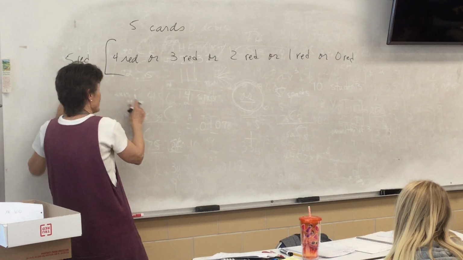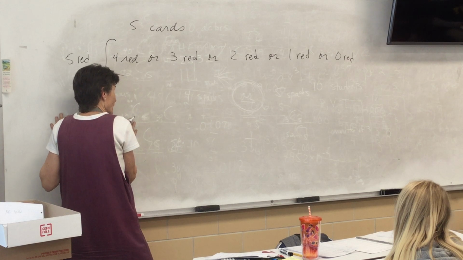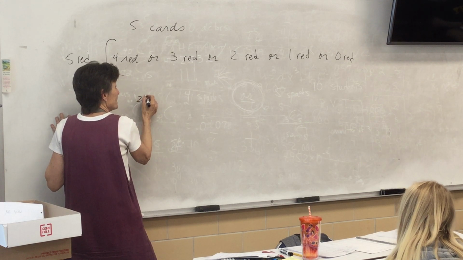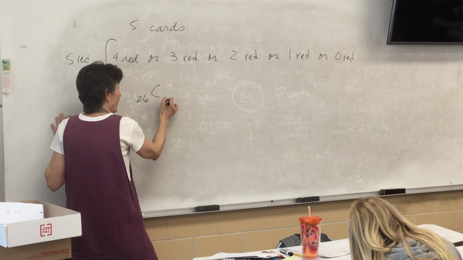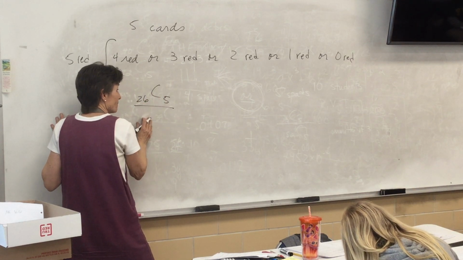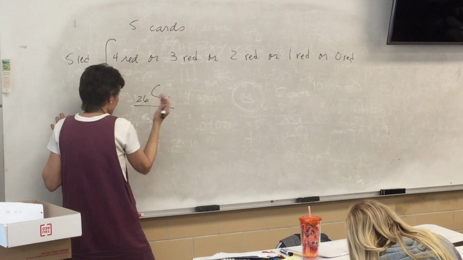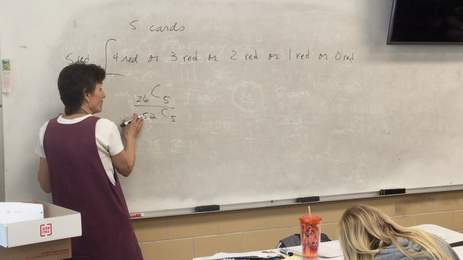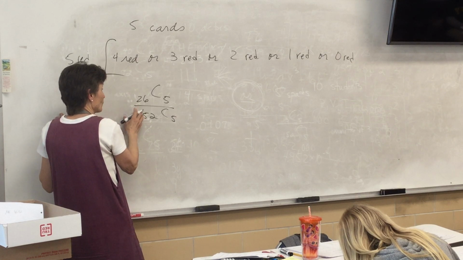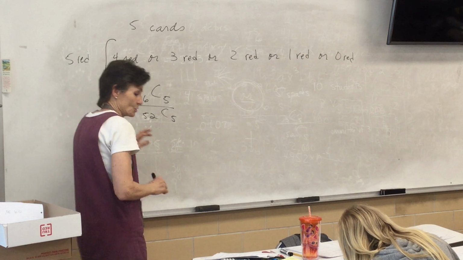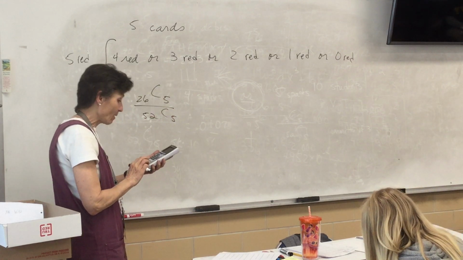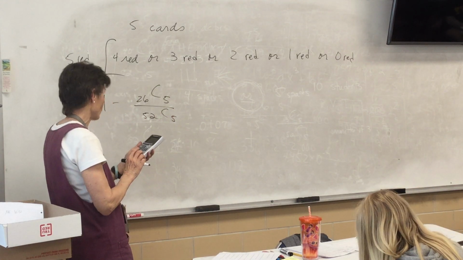Okay, so what's 5 red gonna look like? Probability of 5 red. 26 C5. Why 26? Half the deck is red, over 52 C5. Now this is the probability of getting all red. So we'll subtract that from 1, and that will be the answer to our question.